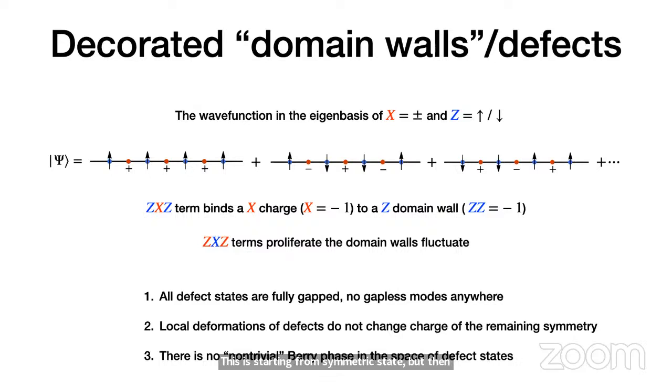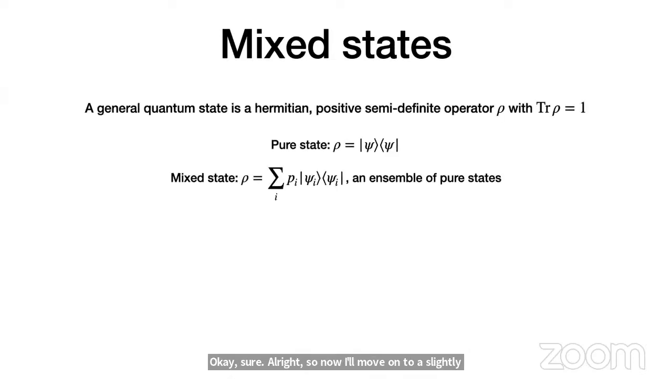Sure. All right, so now I'll move on to a slightly more detailed discussion of mixed states. Okay, so well, we all learn from quantum mechanics that a generic quantum state is represented by a Hermitian positive semi-definite operator rho, which is a density matrix, and its trace should be 1.